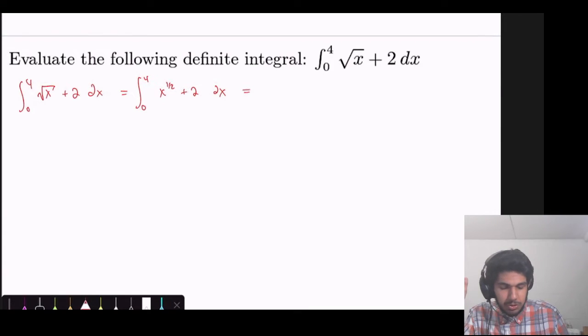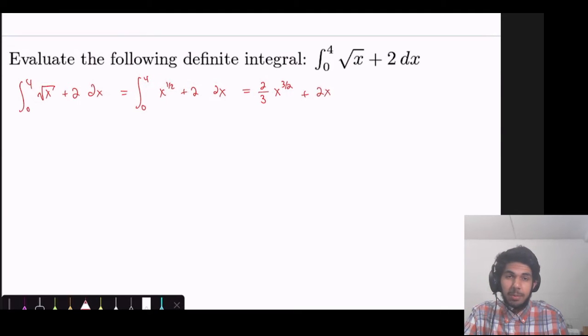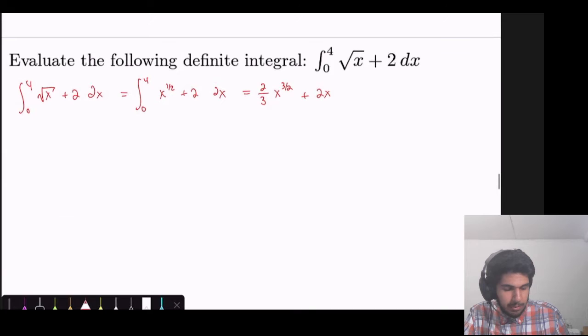So this is equal to, for x to the 1/2, we use the power rule. So we add 1 to the exponent, which makes it 3/2, and then we divide by that exponent. So dividing by 3/2 is the same thing as multiplying by 2/3. 2/3 x to the 3/2 plus the integral of 2 is 2x. And we don't need to worry about adding the plus c, but let's add back in our limit. So we put the bar 4, 0.